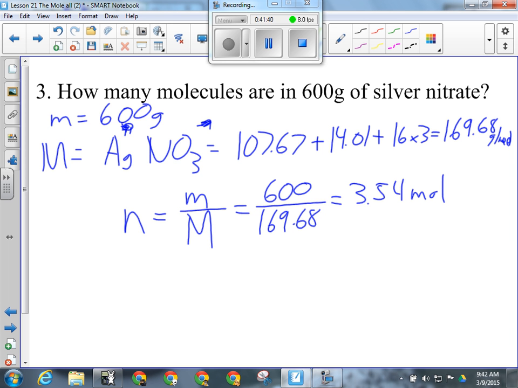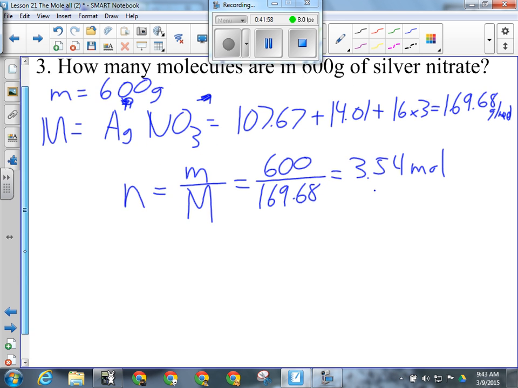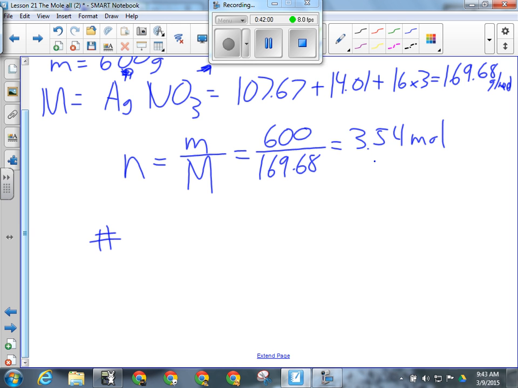All right, so I have this many moles, and in 1 mole, there are 6.02 times 10 to the 23 particles. So what do I have to do with those two numbers to figure out the number of particles? Not divide, multiply, right? So this is how many moles I have, and I'm going to multiply that.